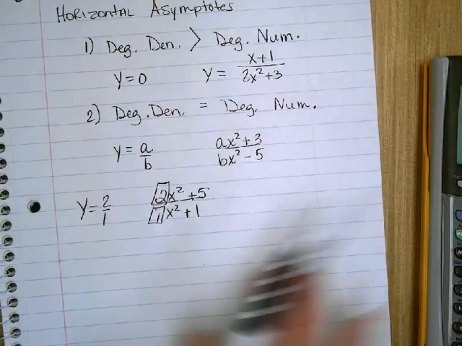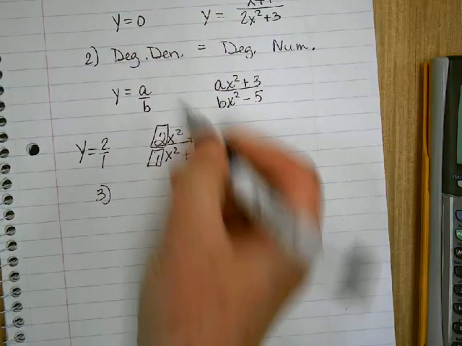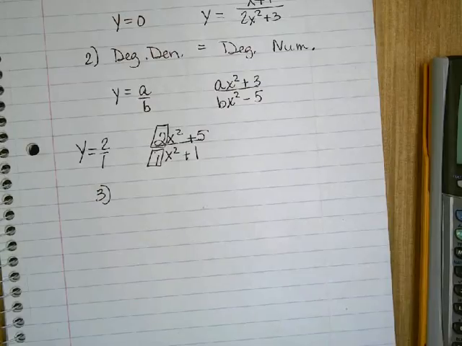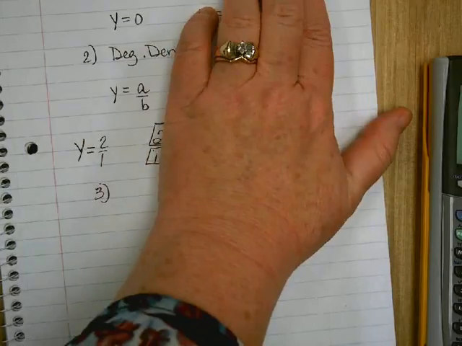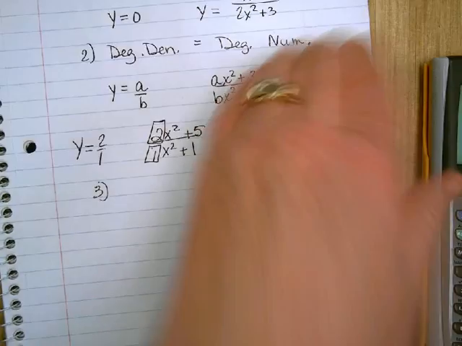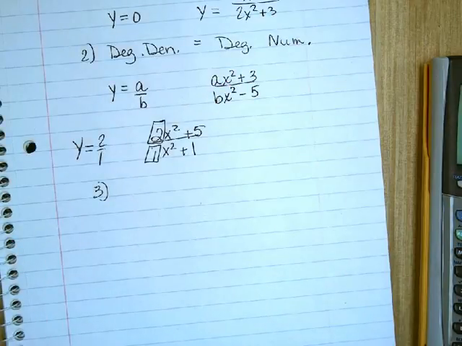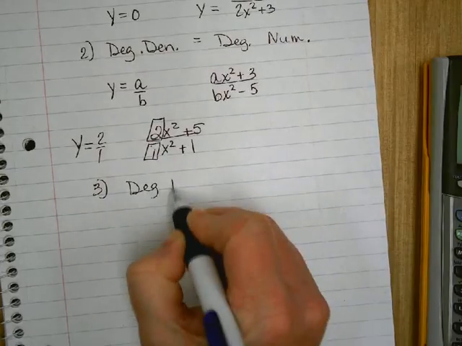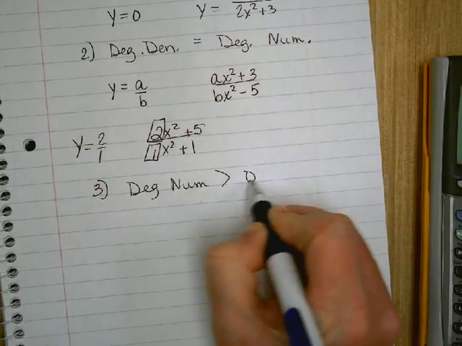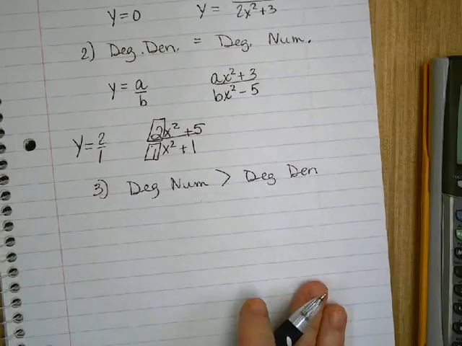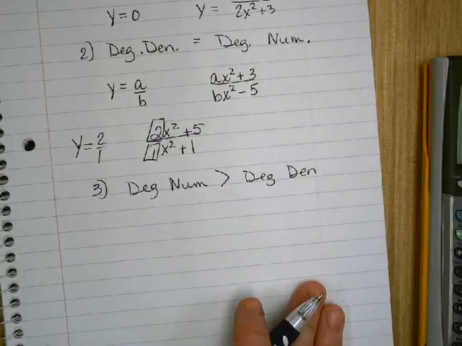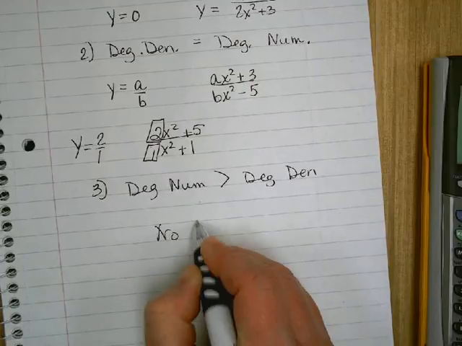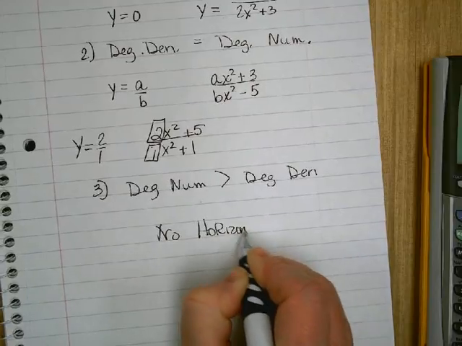Okay. What do you think about situation number 3? We've said the denominator was bigger than the numerator. We've said the denominator was equal to the numerator. What other situation have we not discussed? If the degree of the numerator is greater than the degree of the denominator, then it has no horizontal asymptote.